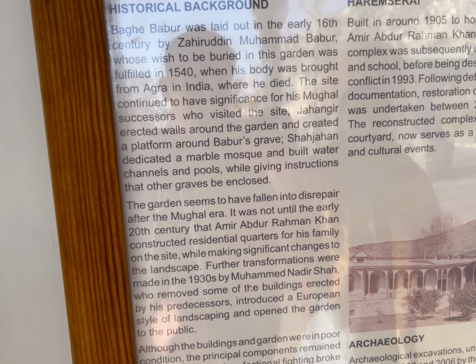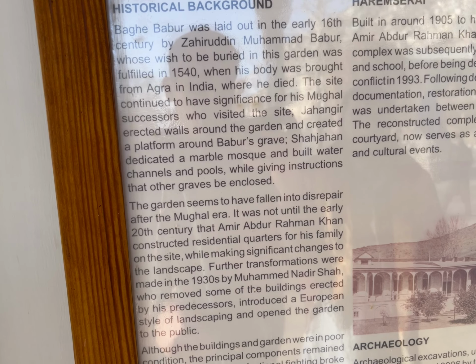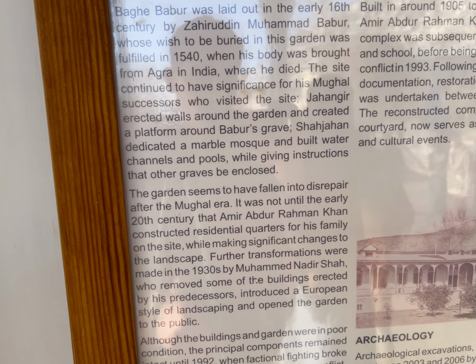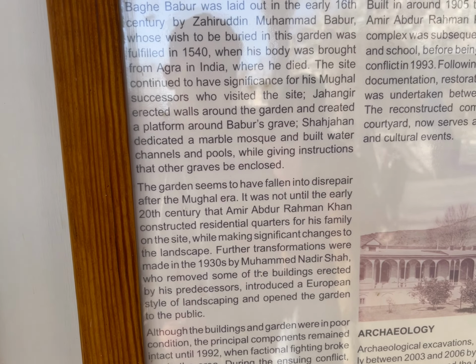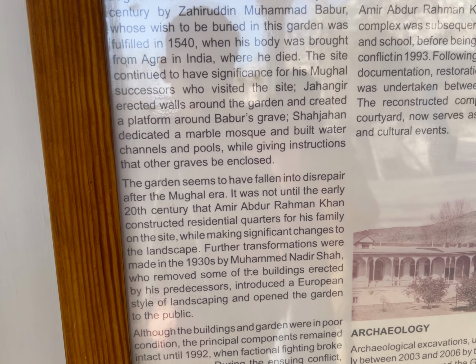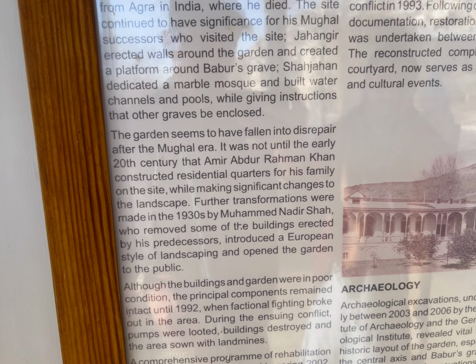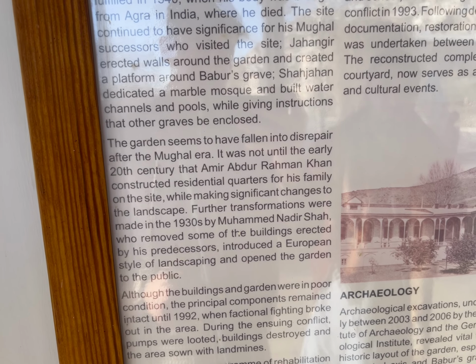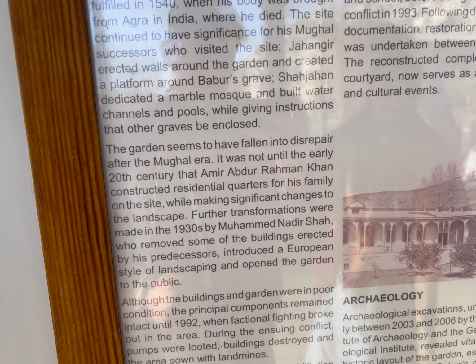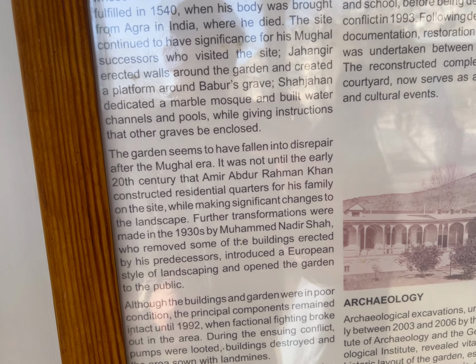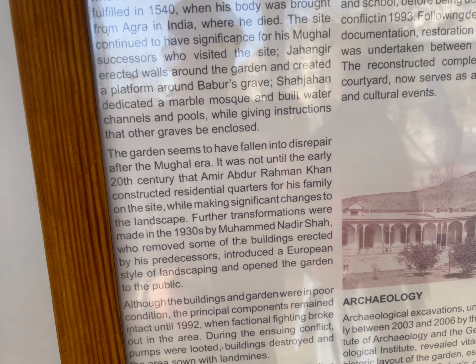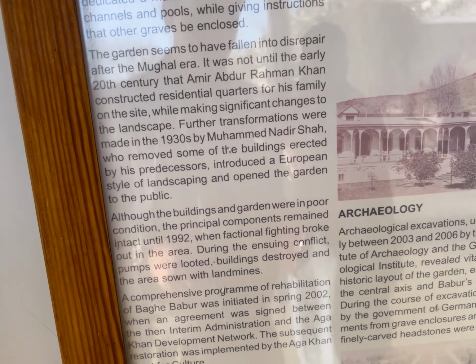It was not until the early 20th century that Amir Abdul Rahman Khan constructed residential quarters for his family on the site, while making significant changes to the landscape. Furthermore, transformations were made in the 1930s by Muhammad Nadir Shah, who removed some of the buildings erected by his predecessors, introduced a European style of landscaping, and opened the garden to the public.